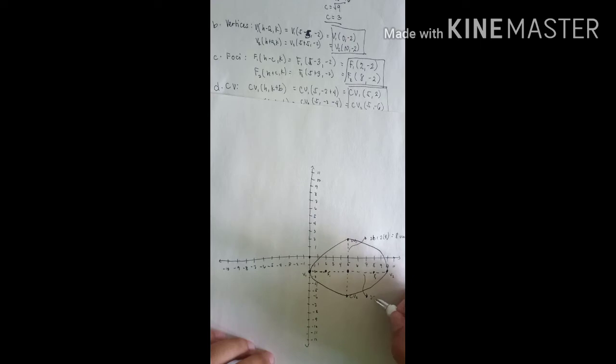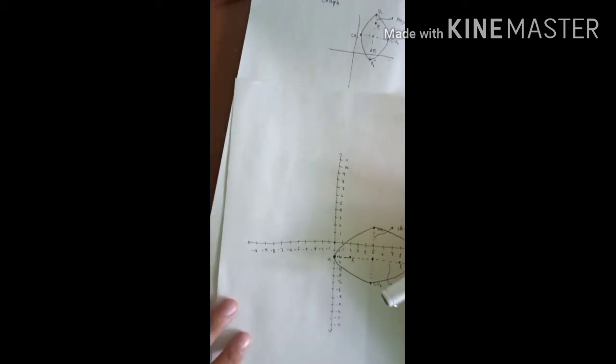This is equal to 2a, 2 times 5, there's 10 units. So this is the graph of our ellipse with center at 5 and negative 2 with a standard form of x minus 5 quantity squared over 25 plus y plus 2 quantity squared over 16 is equal to 1.